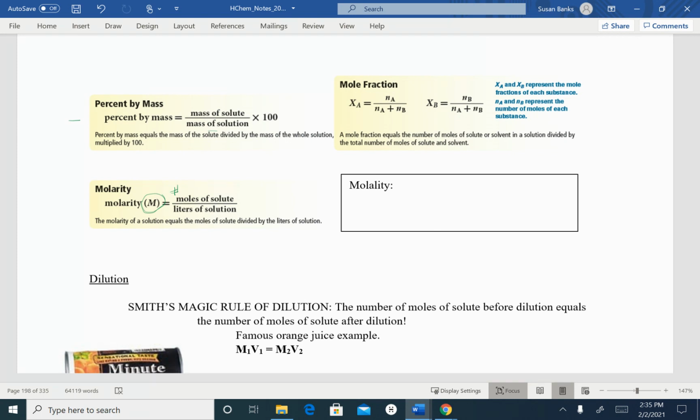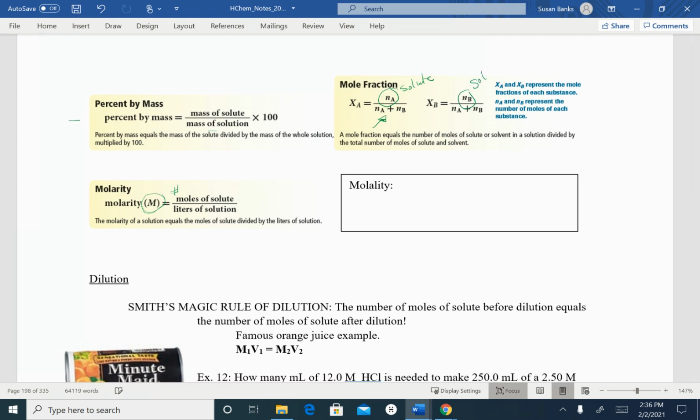Okay, mole fraction is the amount of moles of whatever you're measuring. It's usually solute, but not always, divided by total number of moles. Or you could also have moles of solvent divided by the total number of moles.